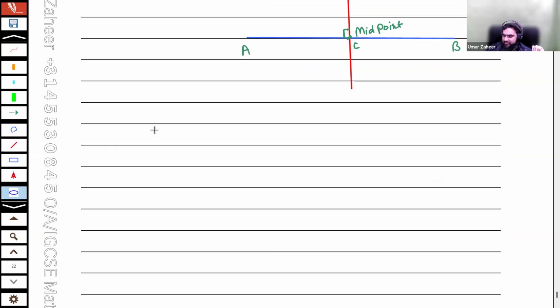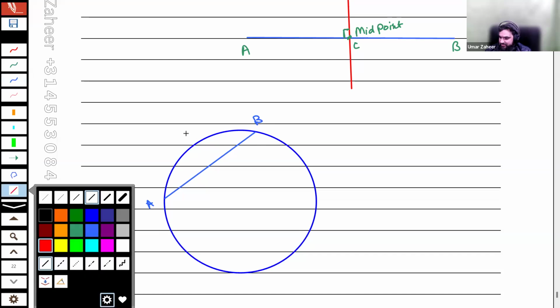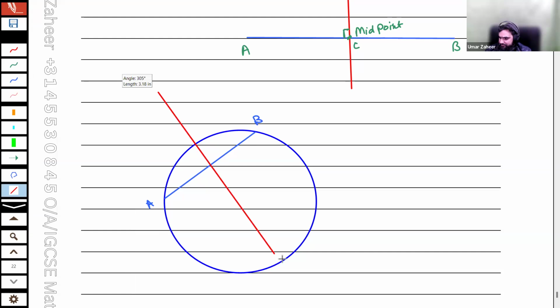Now look at here. For example, if you have a circle and there's any chord on it, let's say I'm just going to draw the chord here. Let's say this is the chord AB. Now, if you draw the perpendicular bisector on it like this, always remember, if you have a chord and you draw the perpendicular bisector on it, that always passes through the center.